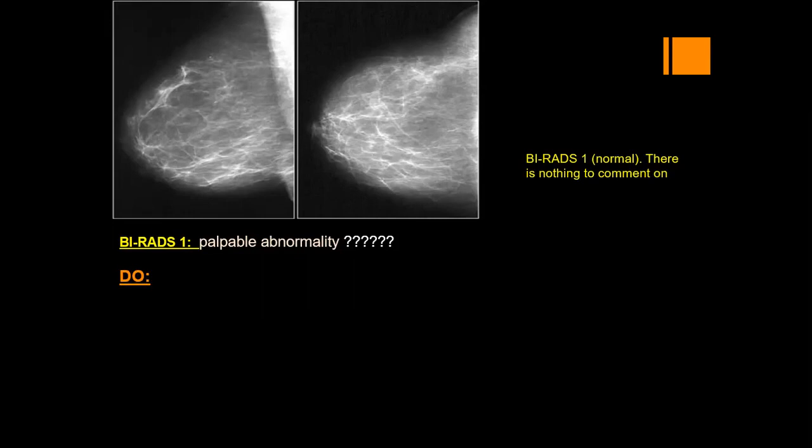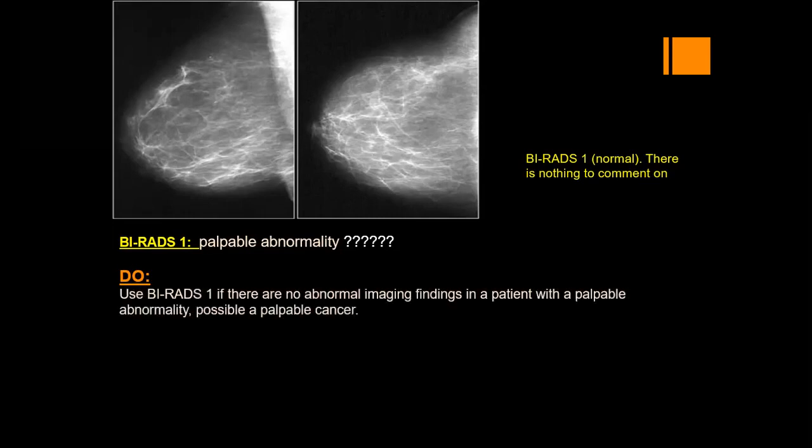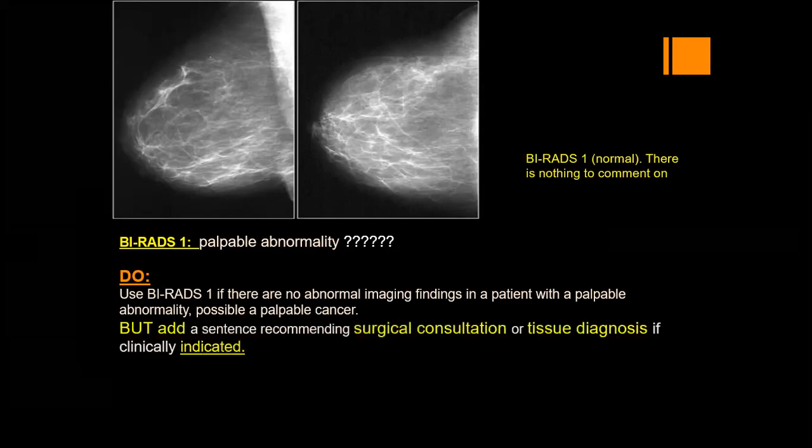Yes, so we have to do BIRAD 1, but since the patient has a palpable abnormality, we should add a sentence: recommend surgical consultation or tissue diagnosis if clinically indicated. Based on the clinical findings, they have to take a biopsy.